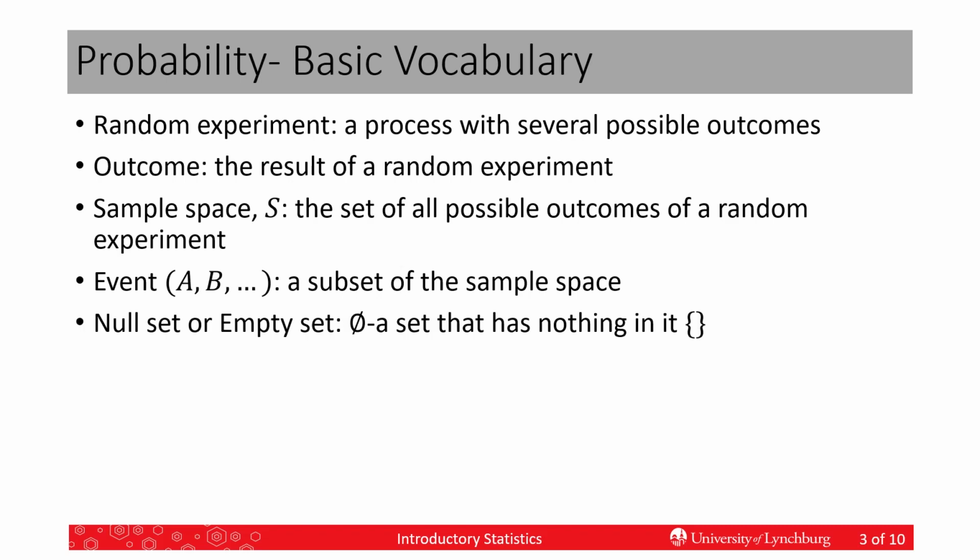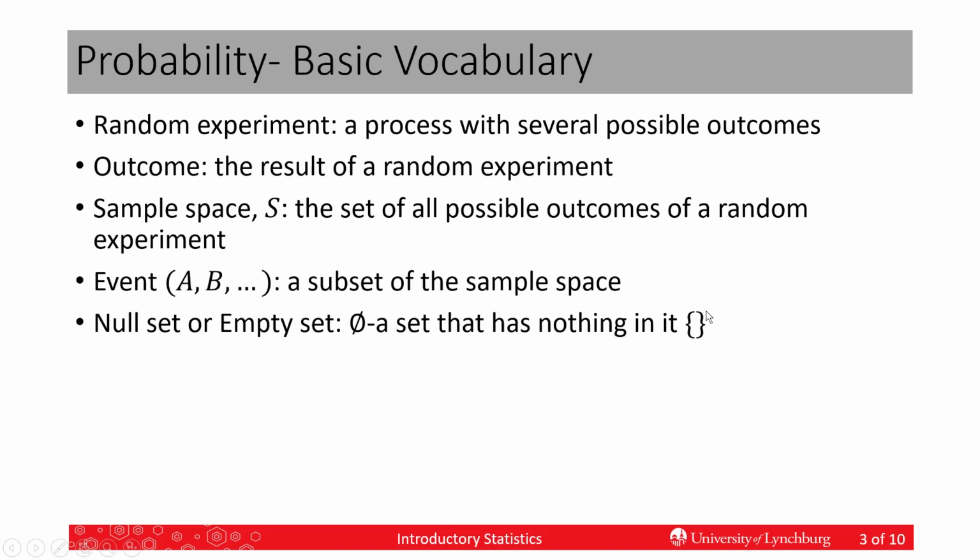A null set or an empty set, and I use empty set. Some books use null set, but they're both the same. It's this round figure with a line through it. Notice that the line goes all the way through and past the edges. So this is not a zero, this is a set.